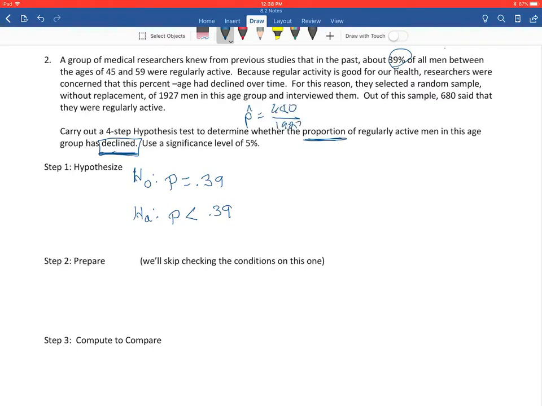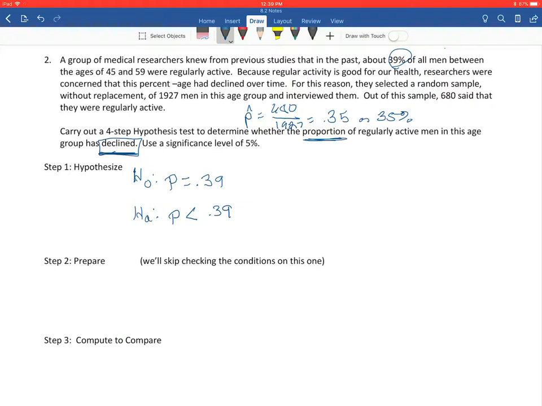In the sample, 680 of the 1,927 said they were regularly active, and if you divide that out, it is, let's see, right around 35%. So in the sample, it was a little bit lower, but not a lot lower.